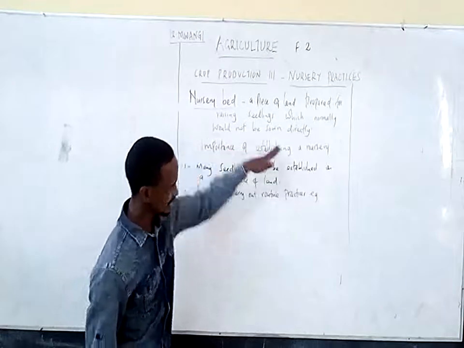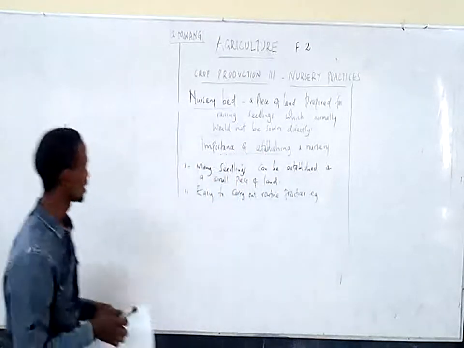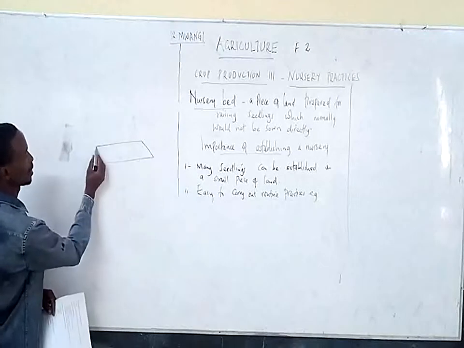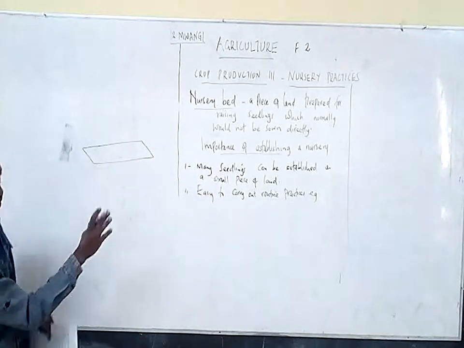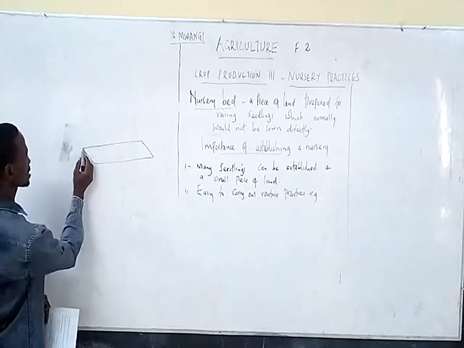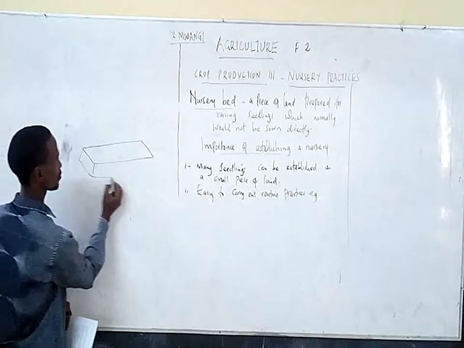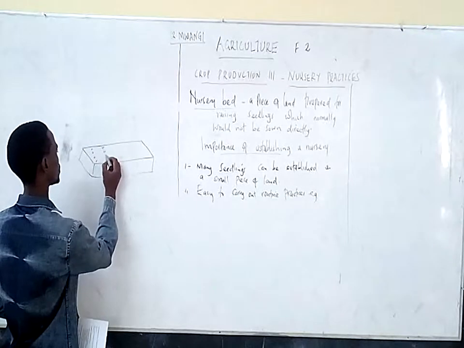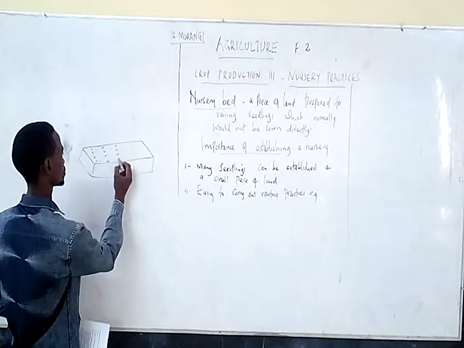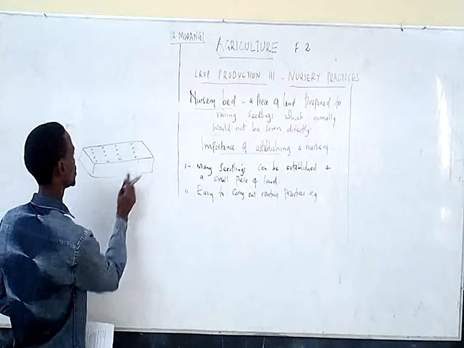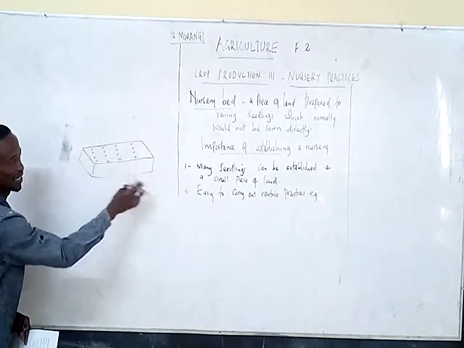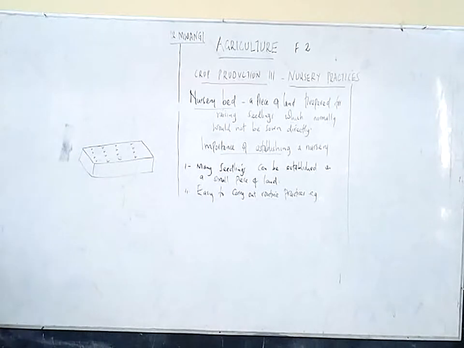Where we have our nursery, because it's just a small piece of land, you will find that it is very easy to carry out the management practices on our nursery. So this is the shape of our nursery. Weeding, the removal of weeds, becomes very easy when it is carried out in a nursery.